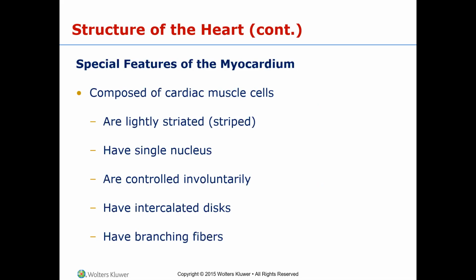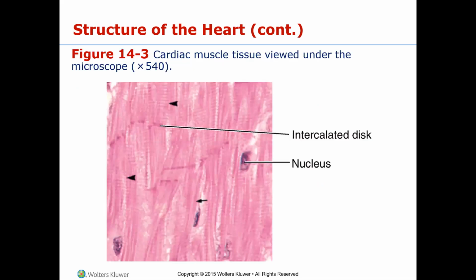So it allows for rapid and coordinated communication between those cells. And then we also have some branching fibers, and those branching fibers are interwoven so that the contraction of one fiber results in a contraction of all of those muscle fibers.